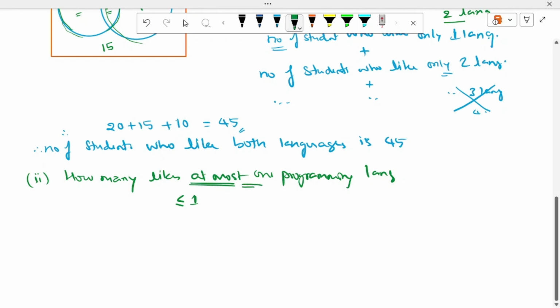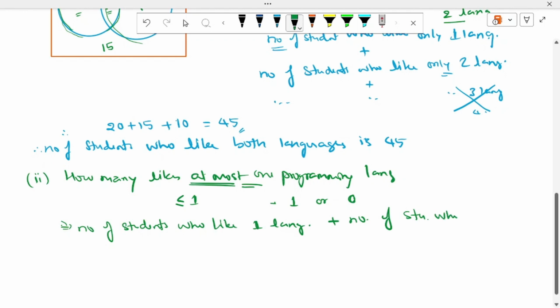At most 1 means less than or equal to 1. Number of students who like 1 or number of students who like 0. Therefore, this implies the number of students who like one language plus the number of students who like 0 languages.